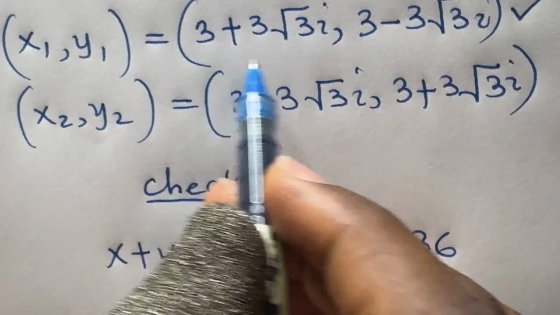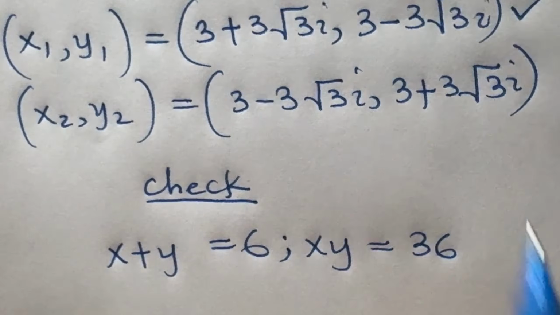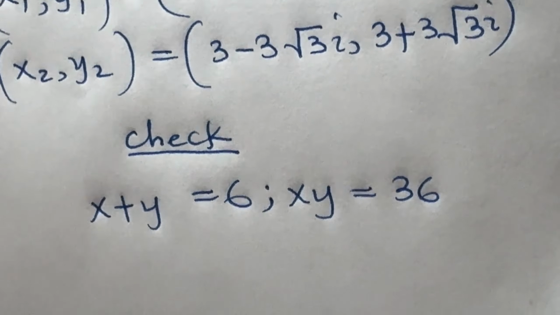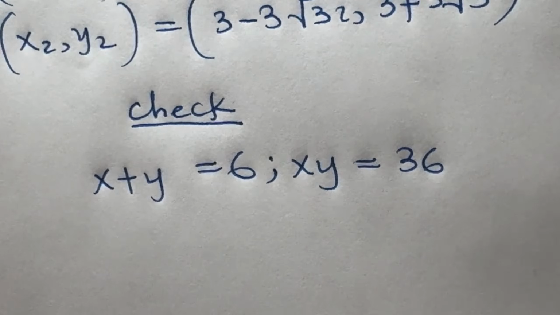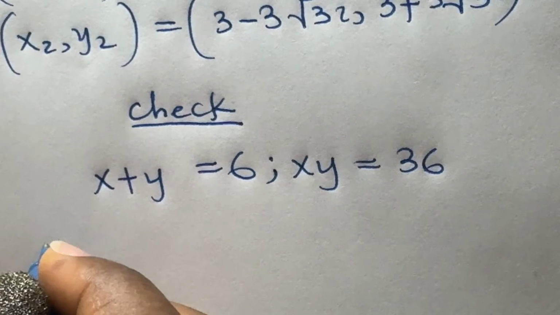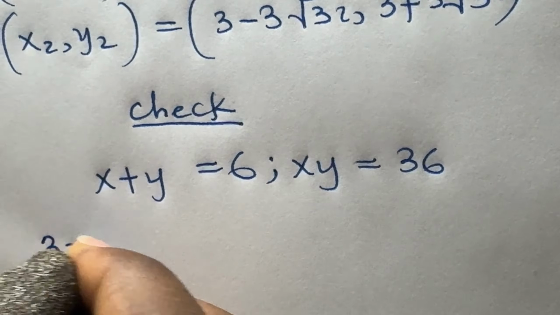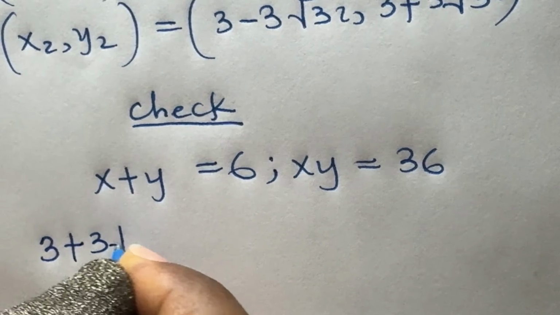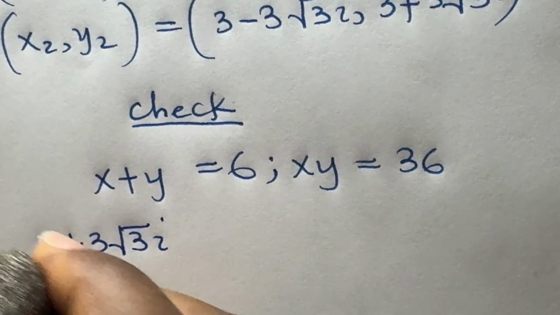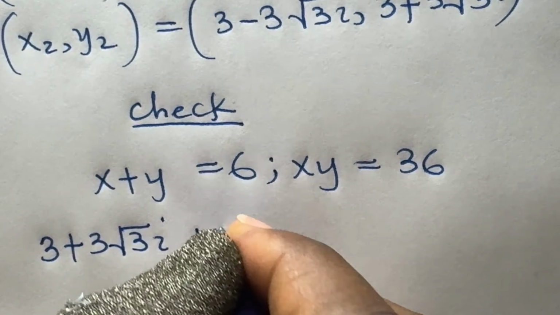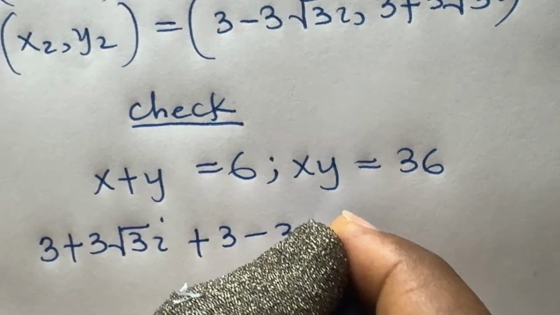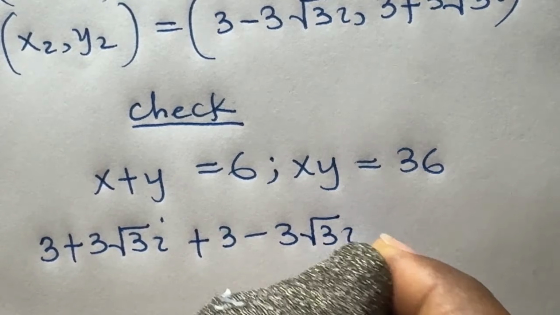So x plus y will be this plus this, which is going to be 3 plus 3 root 3i, then plus 3 minus 3 root 3i.